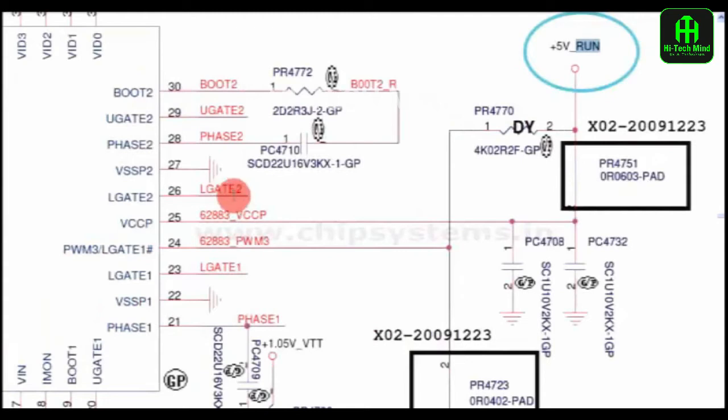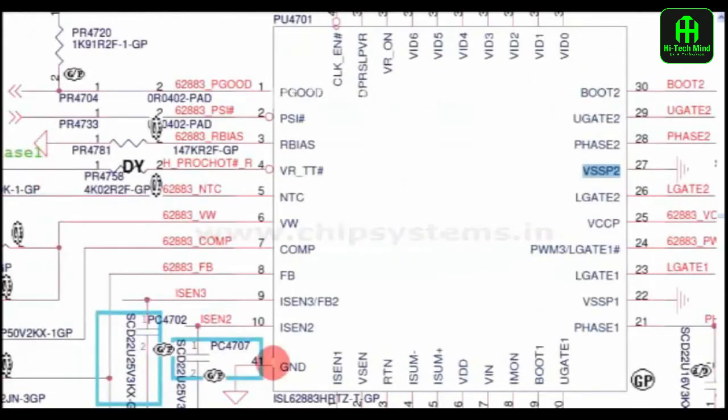This is the VSSP1, the internal MOSFET gate driver ground pin. This is another MOSFET driver negative pin. This is IC pin number 41, it mentioned GND, that is the IC negative supply, that means ground.